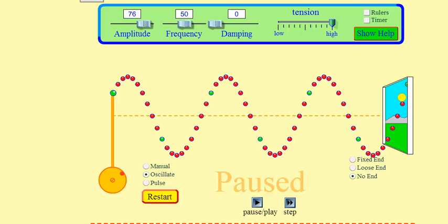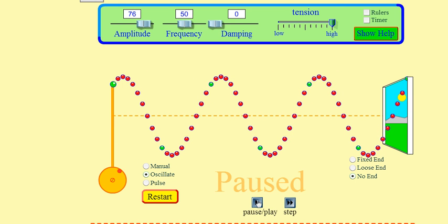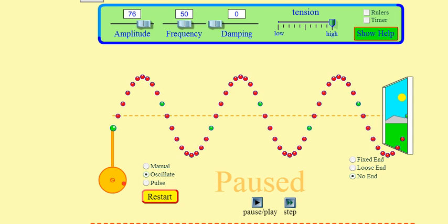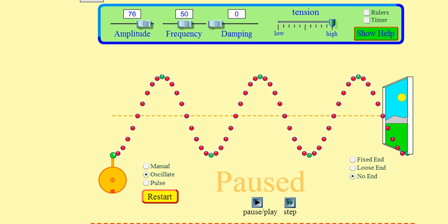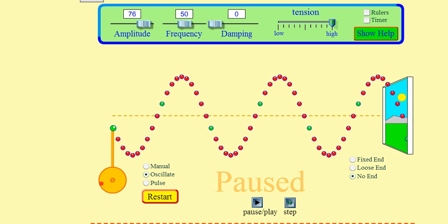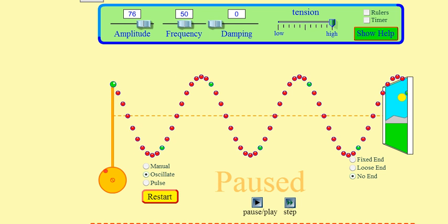Okay, so another thing that I want to point out for a wave is that the energy is transferred from one end to the other, but not the individual particles that make up the wave. So if you think about this as lots of little objects that are maybe attached by springs, let me pause this for a second. Keep your eye on this green guy right here, and let me go step by step and look at what happens. So I know it's kind of hard to see, but that green guy is not moving left to right, it's just moving up and down.